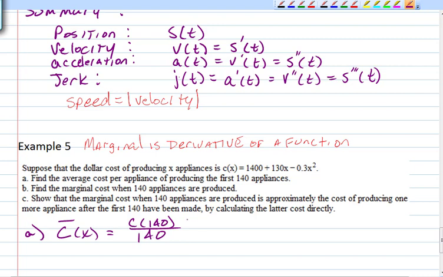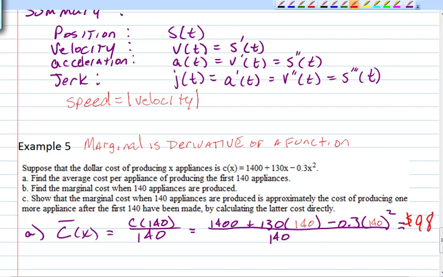So this is going to be 1,400 plus 130 times 140 minus 0.3 times 140 squared, divided by 140. Remember to put the numerator in parentheses or hit enter to get a total on top before you divide by 140. We end up with $98 here.